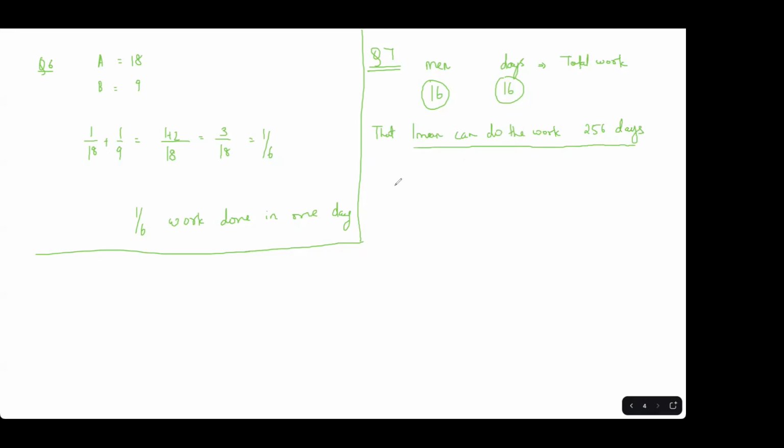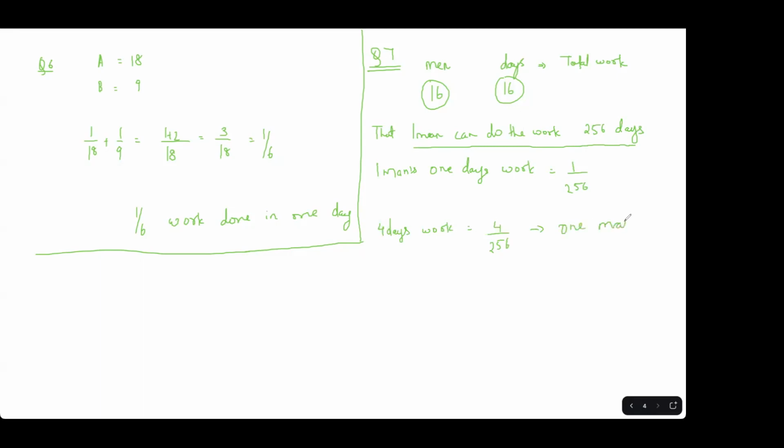Is this clear? Yes. So one man's 1 day's work is how much? 1 by 256. So 4 days' work will be how much? 4 upon 256. This is for 1 man.